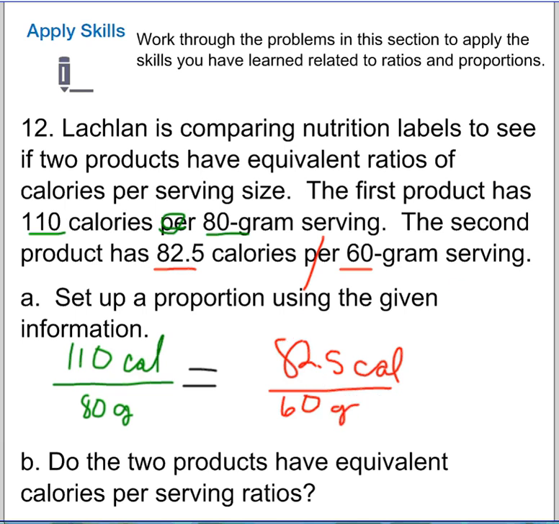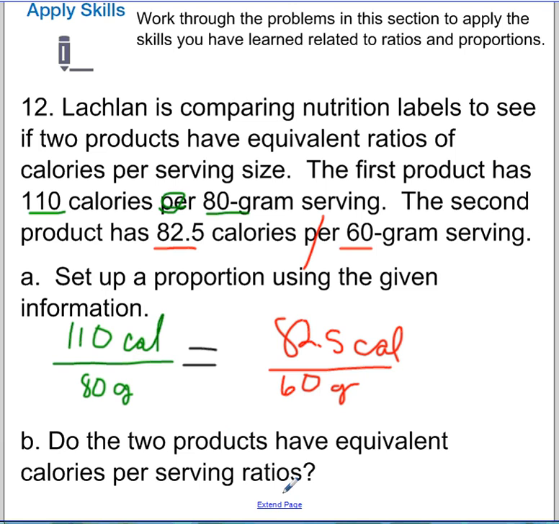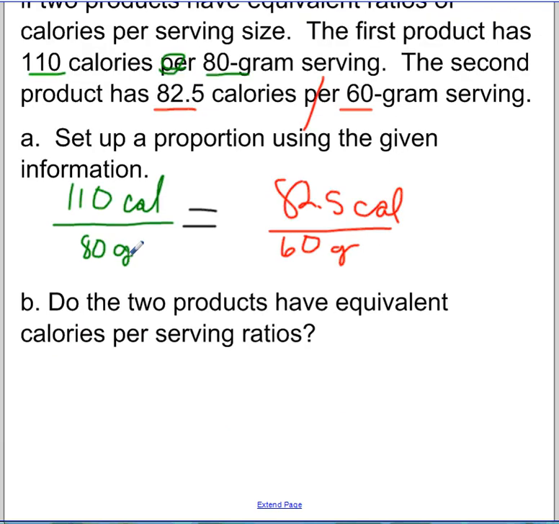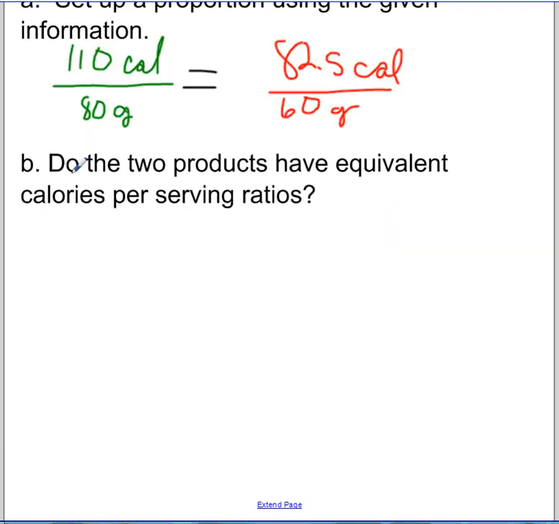And we can find the cross product, the easiest way to do this, to see if they have the same calories per gram equivalency. So we're going to multiply our 110 by 60 to see if we get the same as 80 times 82.5.